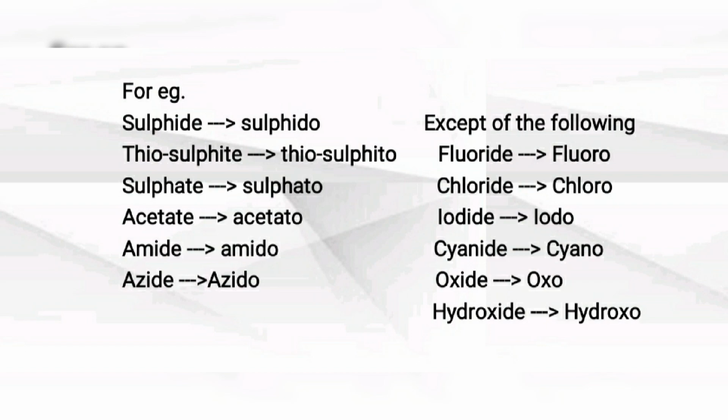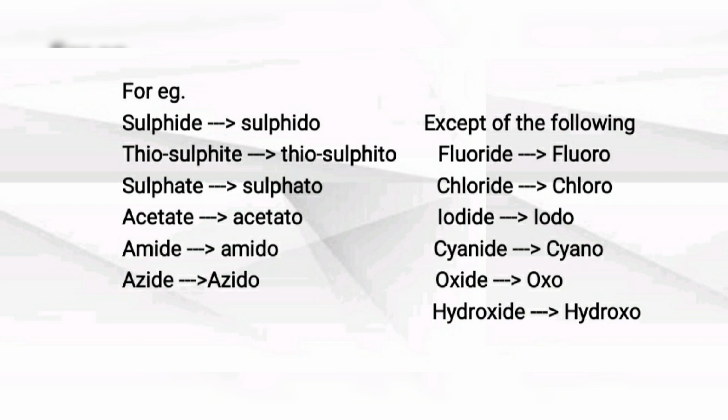But there are some exceptions. Fluoride should become fluorido, but it is fluoro because it is an exception. Similarly, chloride becomes chloro, iodide becomes iodo, cyanide becomes cyano, oxide becomes oxo, and hydroxide becomes hydroxo.